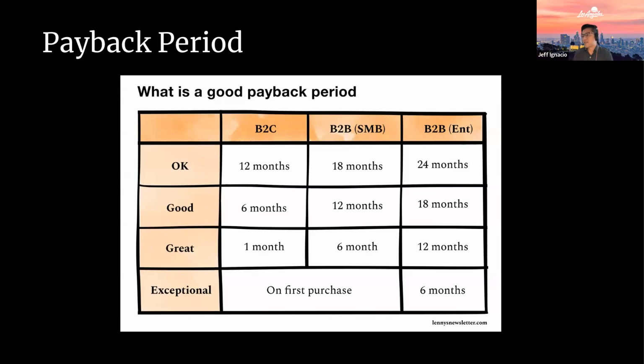If you're in the B2B space, you really should differentiate between whether you're selling to the SMB, under 10,000 for your ACV, to the enterprise, something in the 6 figures to 7-figure range. You want to get that payback period in either 6 to 12 months to be considered great, 12 to 18 months to be considered good. And then the example that I had, which you saw here, was 18 months for a pretty large ticket price. That would be considered good according to this table.